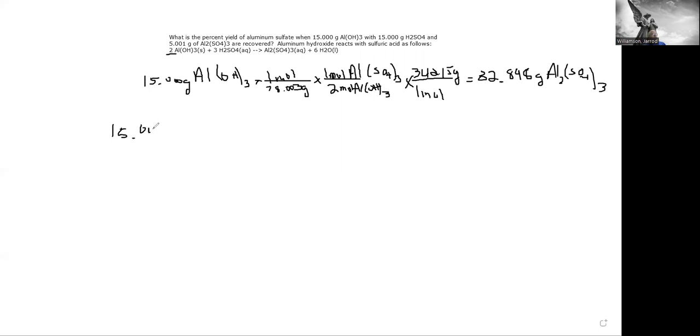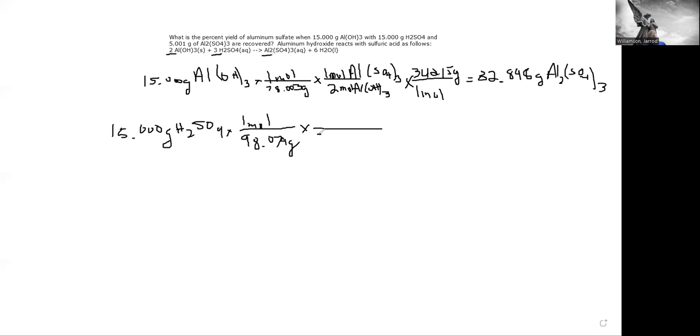Then I have here 15 grams of sulfuric acid, H2SO4, times 1 mole of the sulfuric acid is 98.079 grams, times, for every 3 moles of sulfuric acid, you will get 1 mole of that.